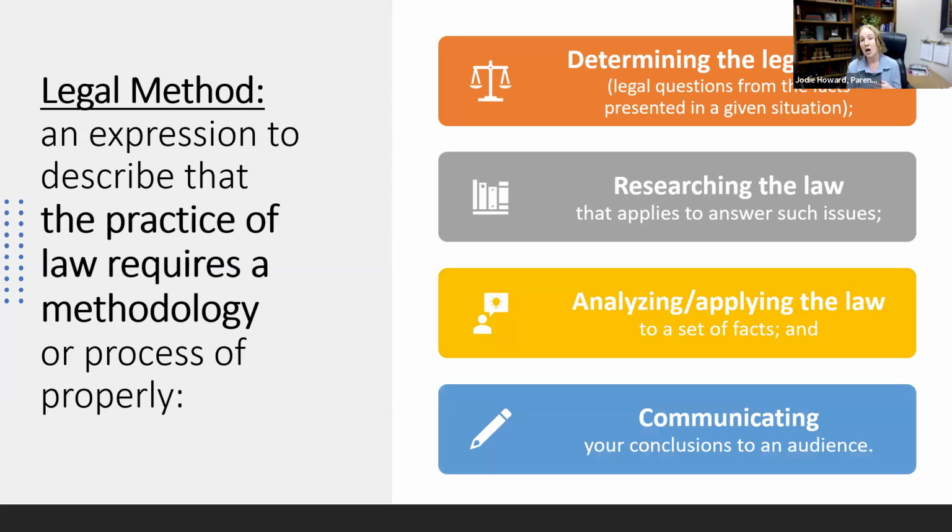And then finally, once you have all of that information, you're pretty well versed on how the law is going to apply to this set of facts. You have to communicate that, be it orally or in writing. You have to have a way to let your audience know what your analysis of the law is. And that's the process, right? There's a lot more to these concepts. We're going to briefly touch on these in the next hour.